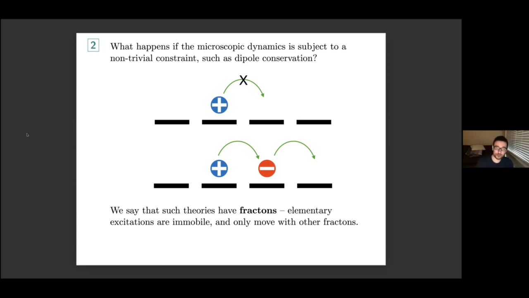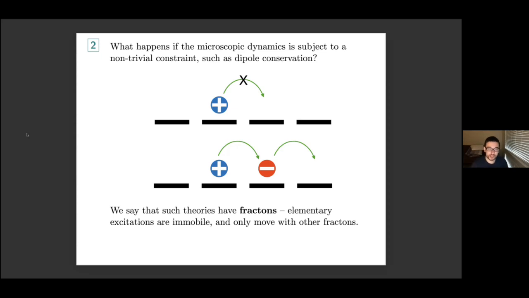In this example, I have a plus charge and a minus charge. They can move together. That's okay. This conserves dipole moment. If I had 2 plus charges, they can move as long as they move in opposite directions. That would be allowed as well. But there's no individual excitation at the microscopic level anymore. Objects have to move in pairs or more.